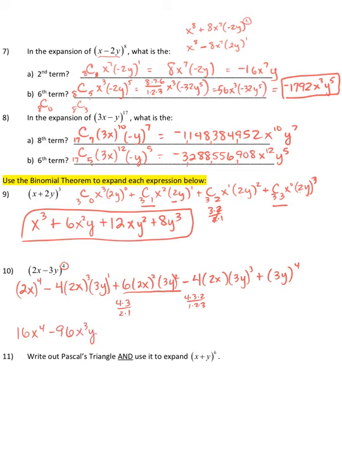The next one, we've got 2 squared is 4, 3 squared is 9, 9 times 4 is 36, 36 times 6 is 216, and it'll be x squared y squared. Now we have 3 cubed is 27 times 2 is 54 times 4 is also 216, xy to the 3rd. And finally, 3 to the 4th is 81, and y to the 4th.